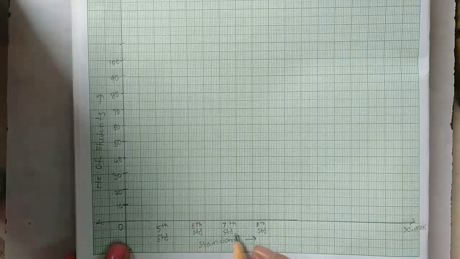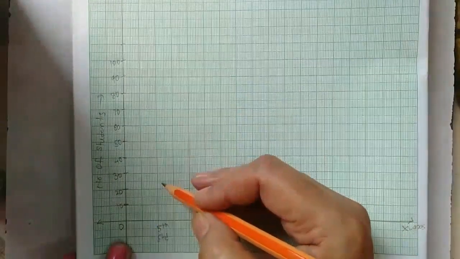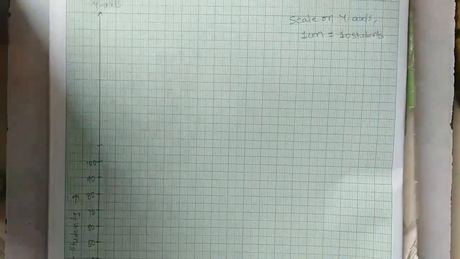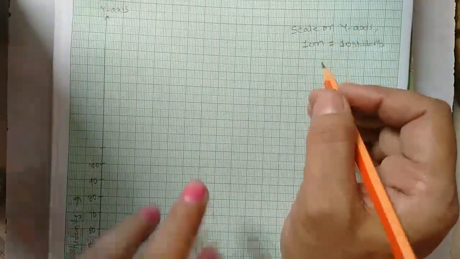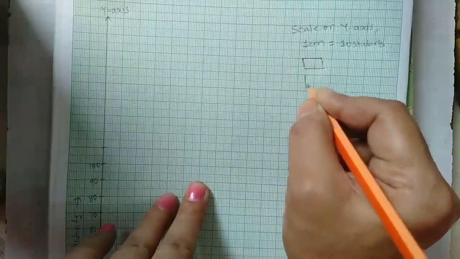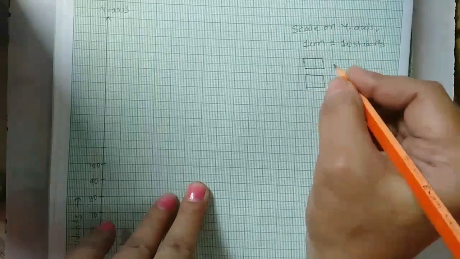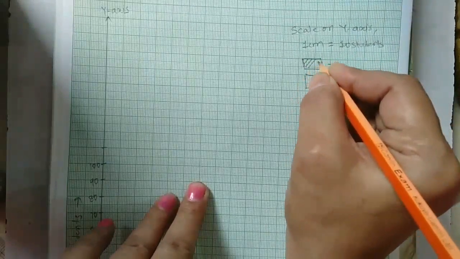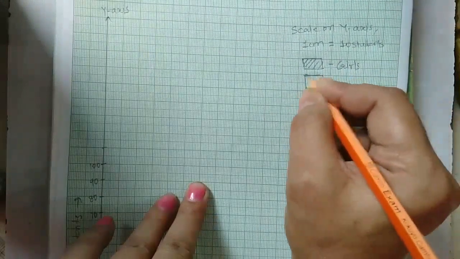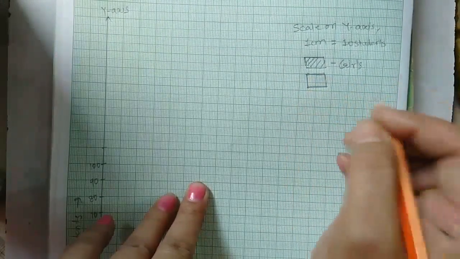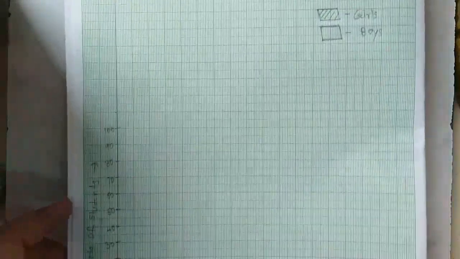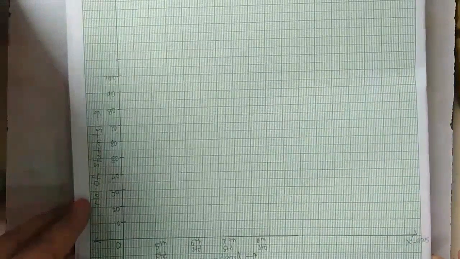Now each standard is divided into boys and girls. So here below the scale we show the pattern for the boys and girls. Here I am using slanting lines for the girls and blank for the boys.